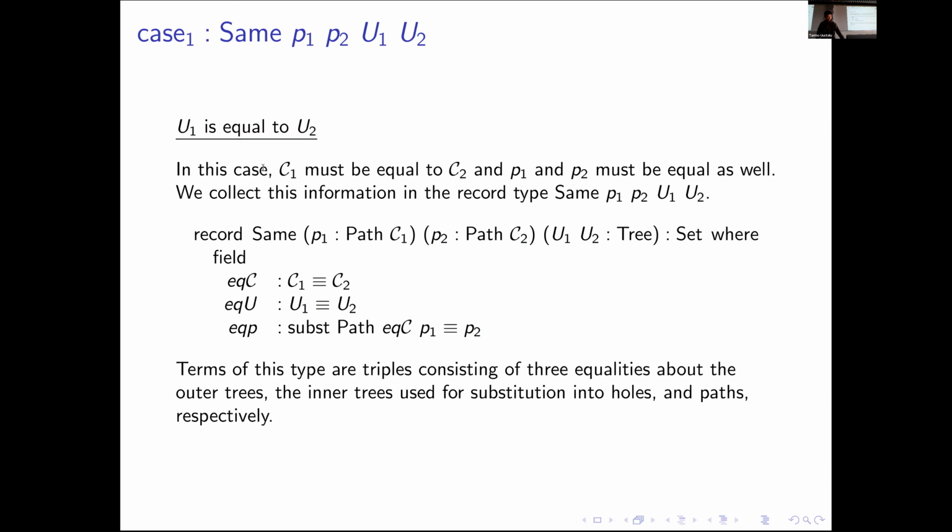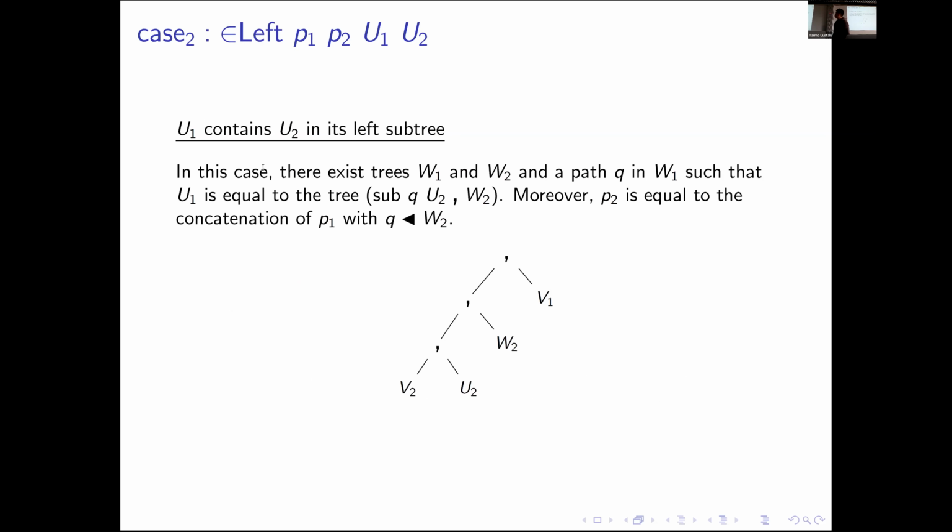What about the second case, where U1 contains U2 in its left subtree? Here is one example. In general, in this case there exist trees W1 and W2 and a path Q in W1.